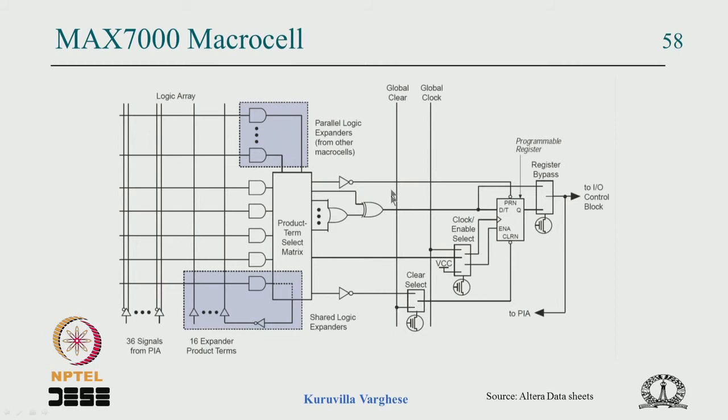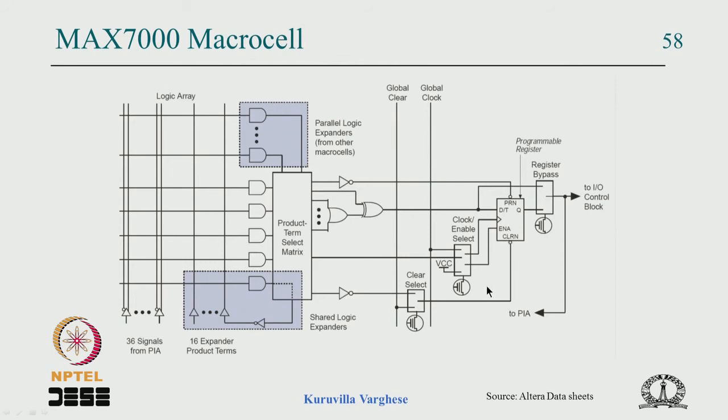One is that there is a global clear pin for the PLD chip. You can use it to clear along with all the other flip flops, or if you want to clear it under some condition, then you can use this line, and the product term allocator can allocate an AND gate to this. So depending on some condition you can reset it.